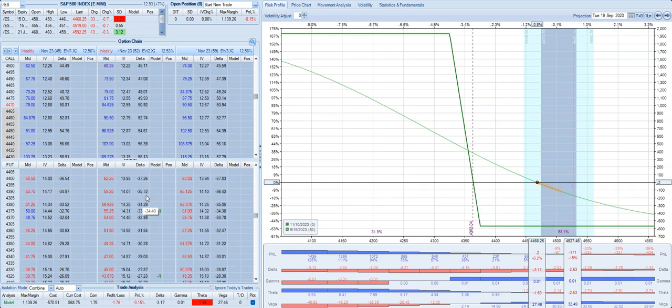SPX options expire like every single day. So the closer in time we go, the more listings available as far as expiration cycles go. And the farther out in time we go, sometimes we don't have the 52 DTE in SPX like today. And if we go even further out in time, you don't always have a 90 DTE every single week, right?